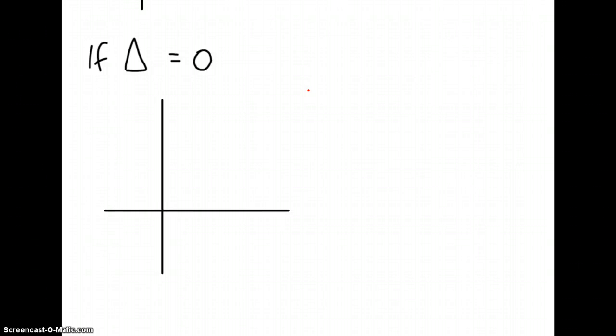If that discriminant is equal to 0, so if the number under the square root sign when you do your quadratic equation is equal to 0, then your graph will look a bit more like this. Yeah, that's just touching the axis.